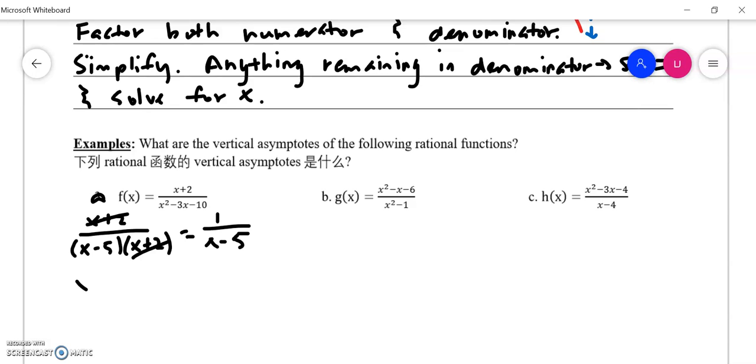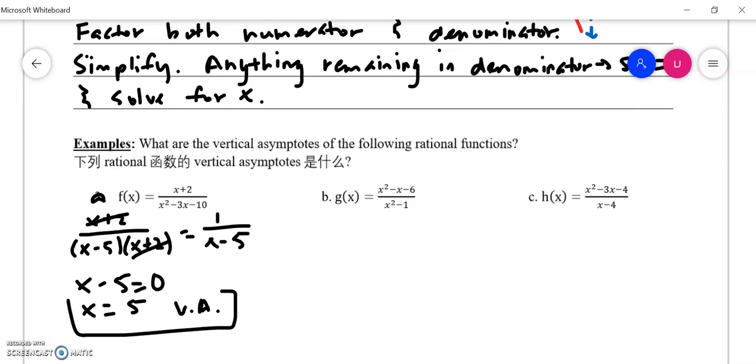Set equal to 0. So x minus 5 equals 0. Solve for x. So x equals 5. This is our vertical asymptote. All right, same thing for b.